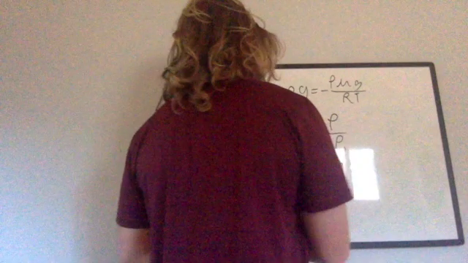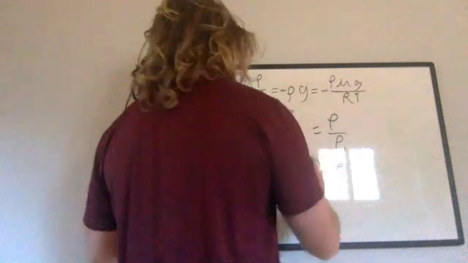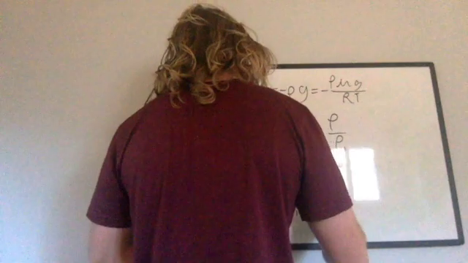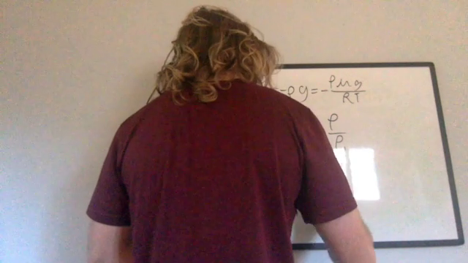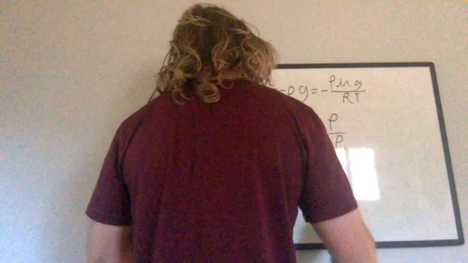And then we can multiply T1 to the other side, and this is going to give us our expression for the temperature as it relates to the pressure. There you go.